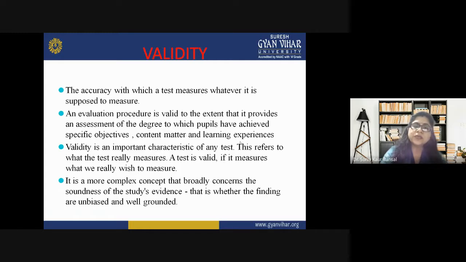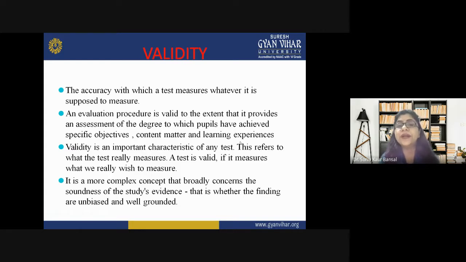Validity, students, is an important characteristic of any test. And just believe me, if there is no validity, your test is useless because it is not going to measure what you intend to measure. So this refers to what the test really measures. A test is valid if it measures what we really wish to measure.